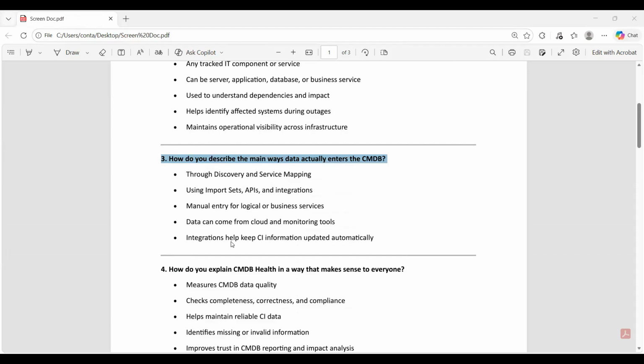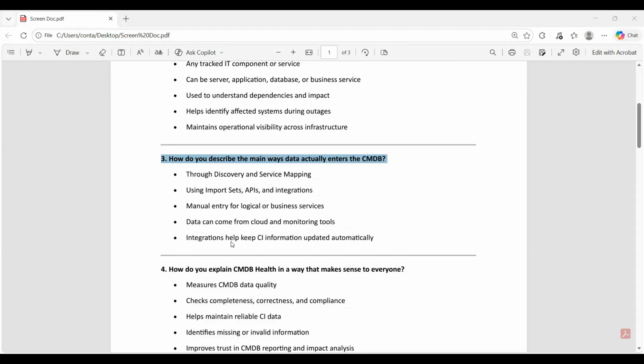This is usually done for logical services or business level information that cannot be discovered automatically. Yes, business services. These are business or service level things. These are not available anywhere in the environment or the network. That's why we have to create these manually, most of the time, or you can say 99 to 100% of the time.